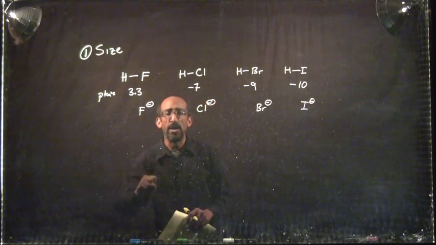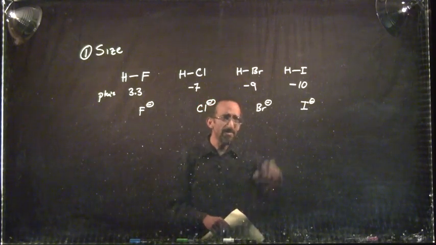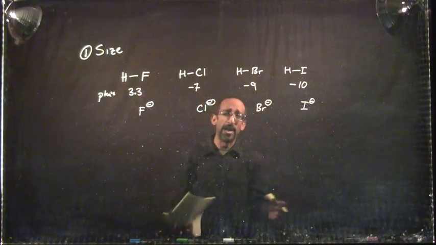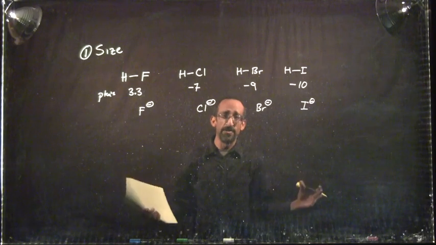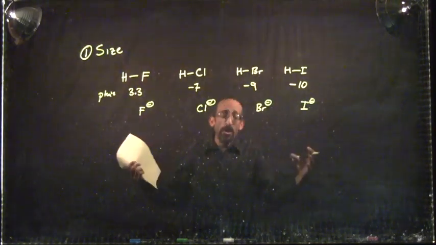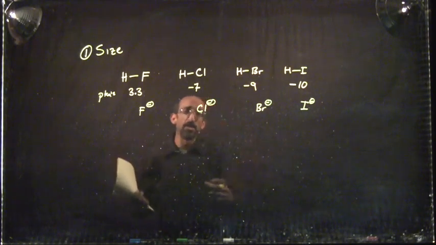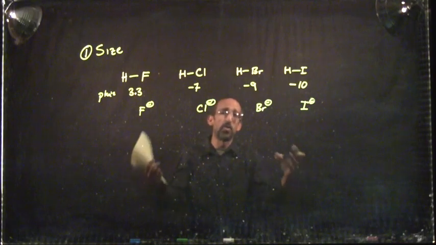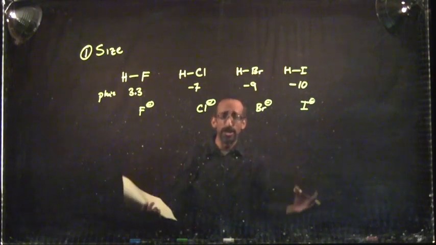Now, the consequence of this difference in size is that each of these has a single negative charge, 1- on each of these ions, and so the size or volume of that ion is going to determine how concentrated or diffuse that charge is.